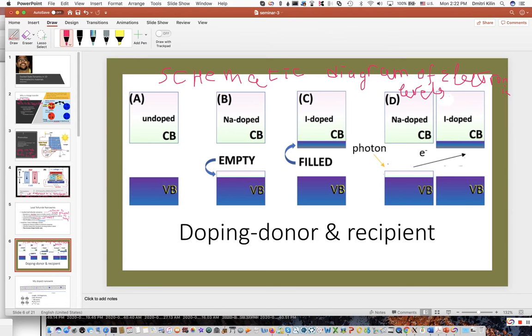Here's a model of the structure I studied. Kevin, in your panel D, you do have iodine doped conduction band top occupied, and the top of the valence band in sodium empty, and the bottom of the conduction band in iodine filled.